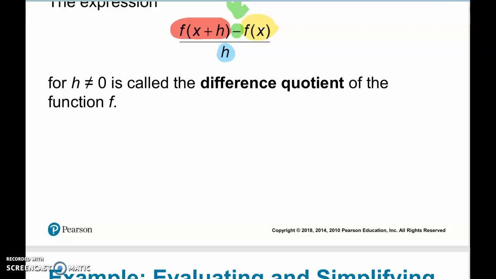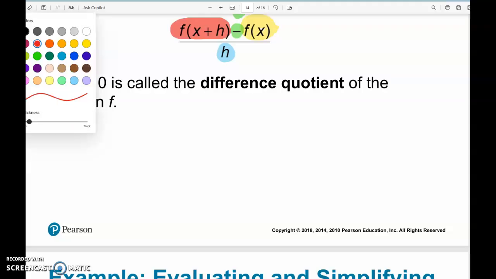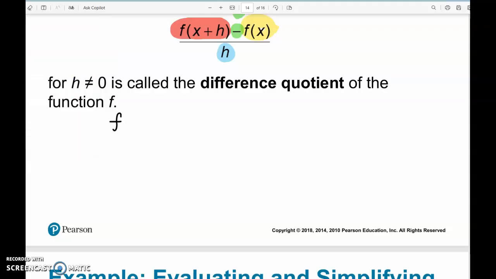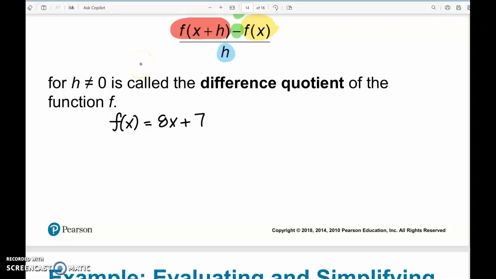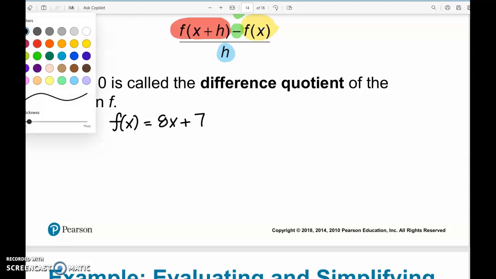So, for example, what if we had this function? Let's say f of x is equal to 8x plus 7. And it says to find the difference quotient. So, like I said, break it into 3 parts.